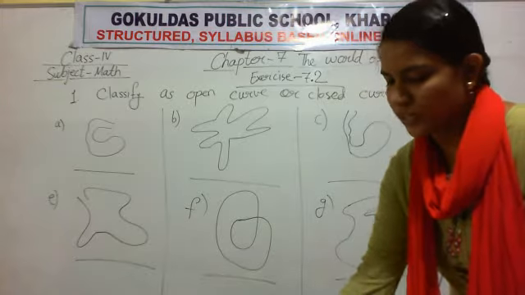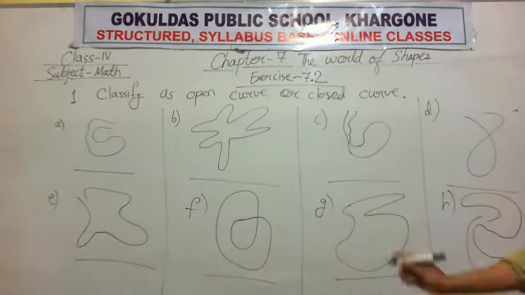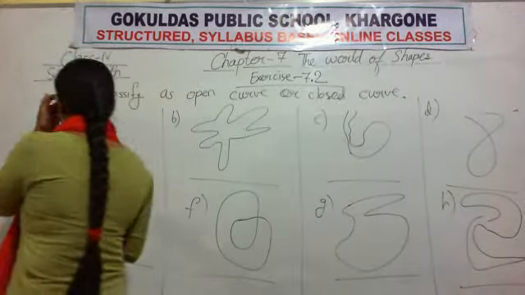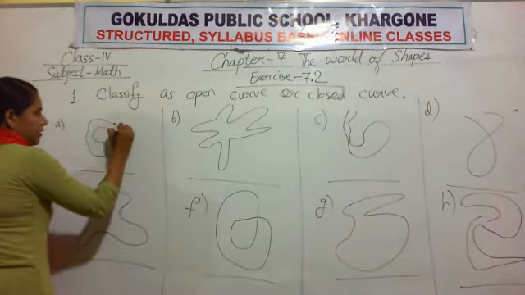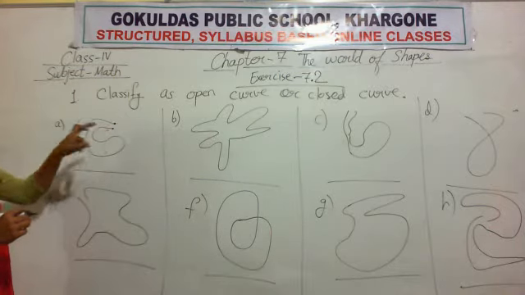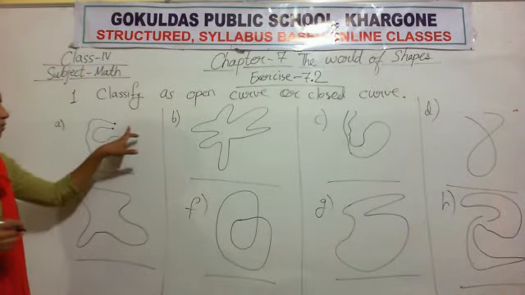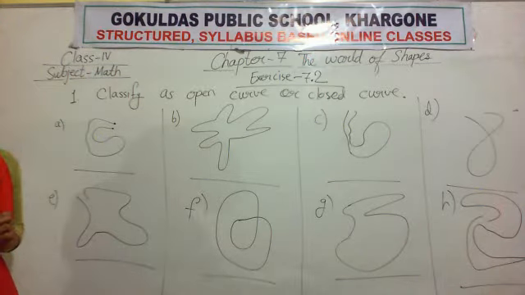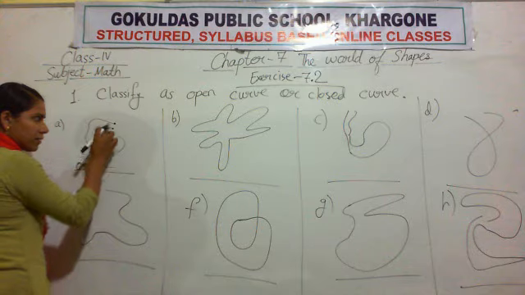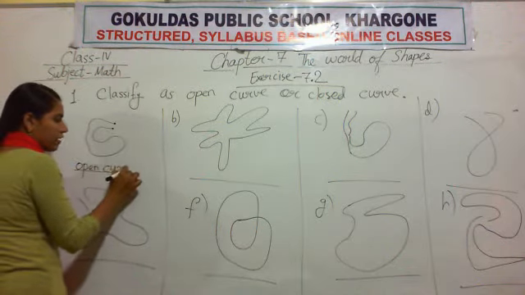Your question is classify as open curve or closed curve. So let us identify. In first case, starting and ending point are different. Starting point and ending point of the figure is different, means it is an open curve. It is open, so write open curve.